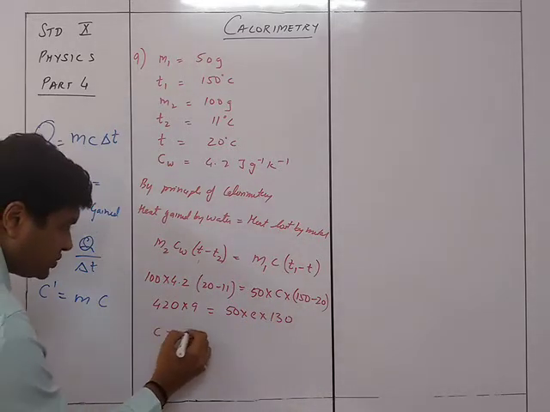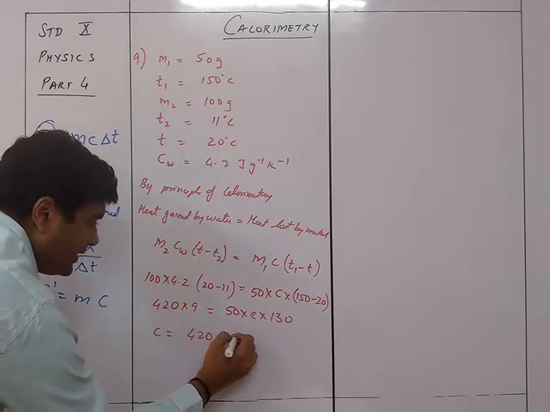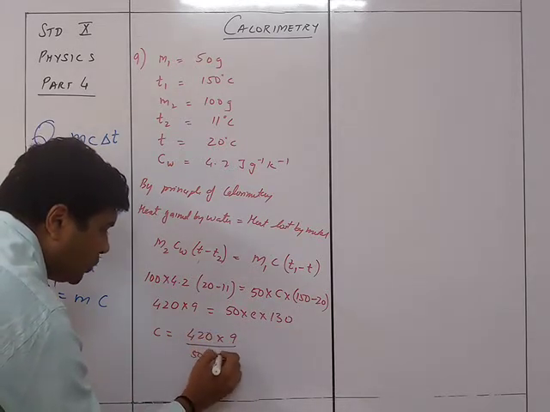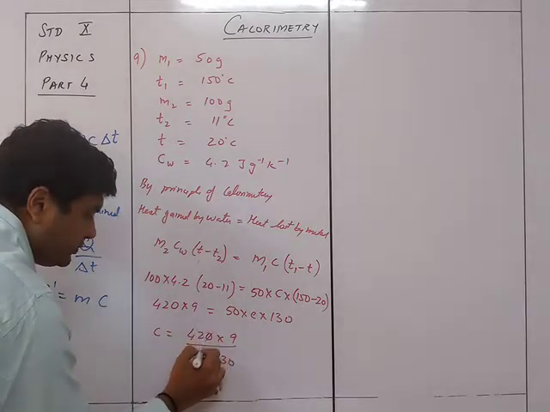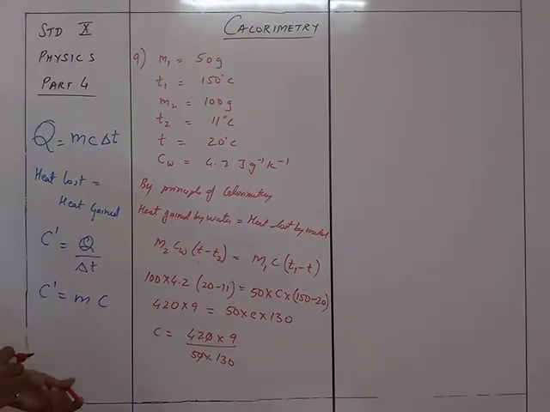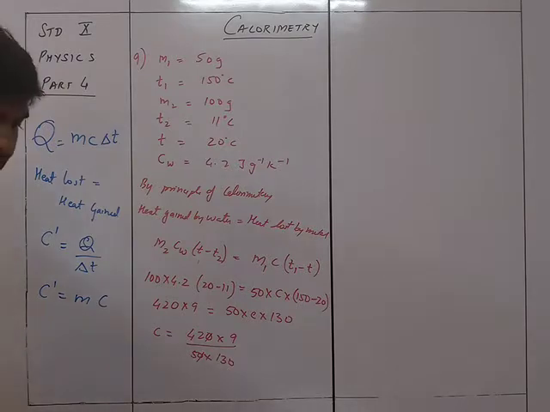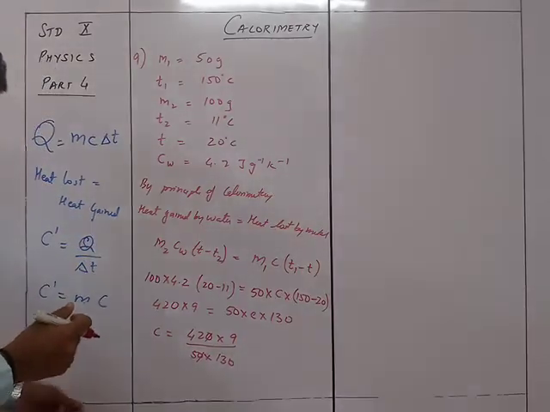So C is equal to 420 into 9 upon 50 into 130. The 0 gets cancelled, and further we cannot find out the direct thing, but we need to find out the answer.